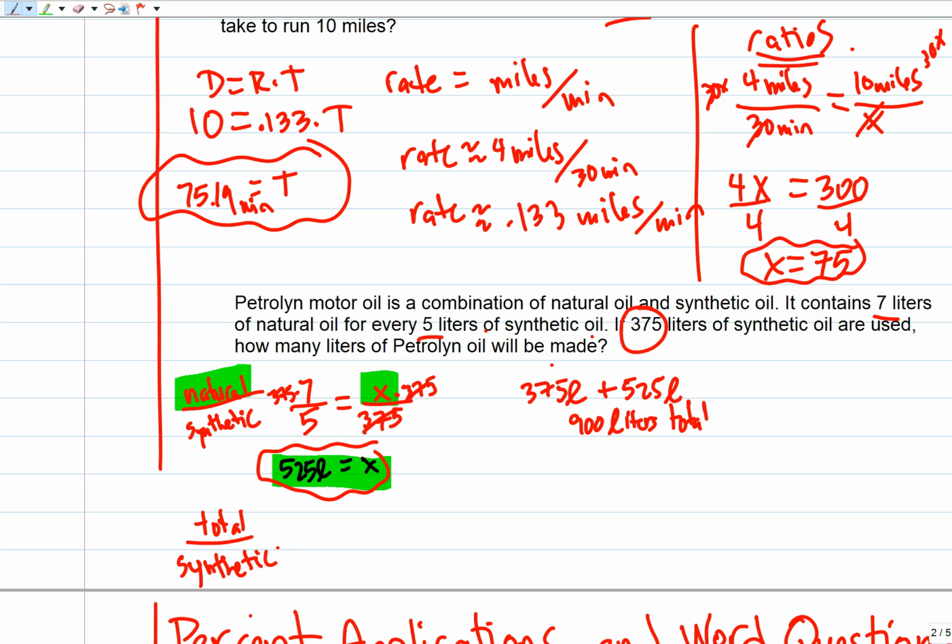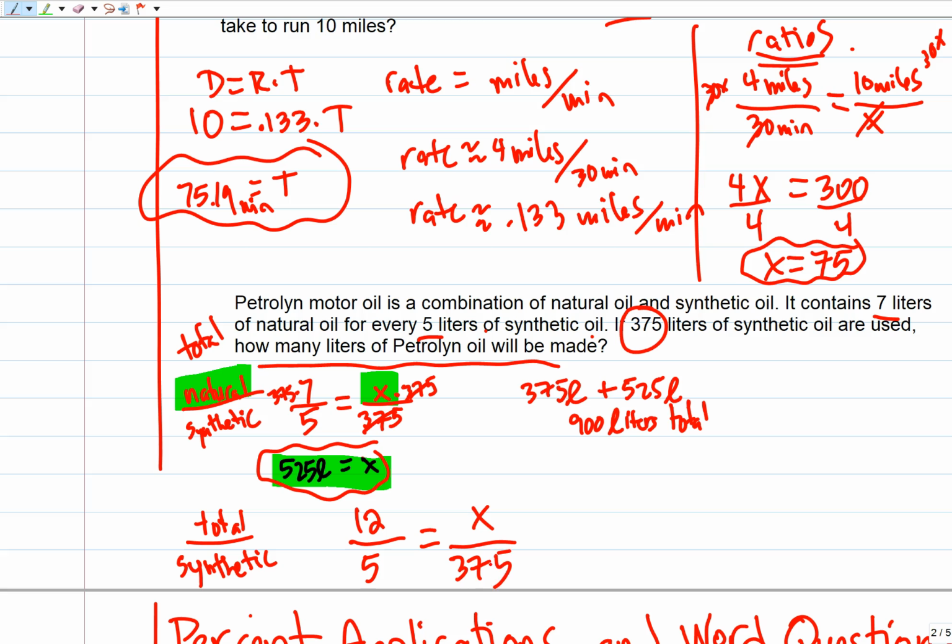Because that's what they want to know at the end. They want to know how many liters of the total oil we're using. So if I use 7 liters of natural oil and 5 liters of synthetic oil, that gives me a total of 12 over 5, is equal to the total over 375.